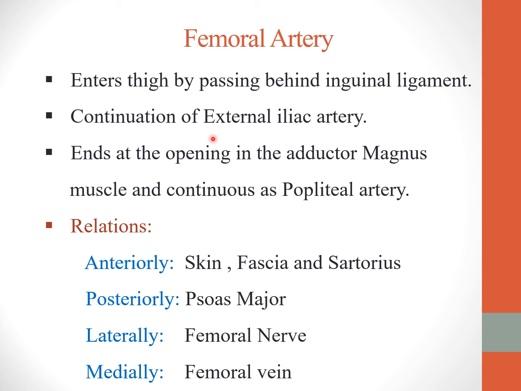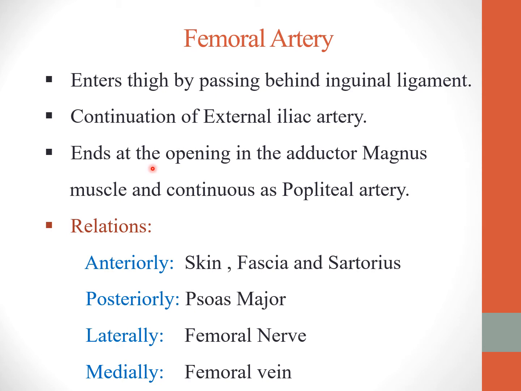The two common iliac arteries are the terminal branches of the abdominal aorta. So the abdominal aorta terminates into two common iliac, and right and left common iliac terminate into external iliac and internal iliac. So external iliac passes behind the inguinal ligament and continues after crossing it as the femoral artery.